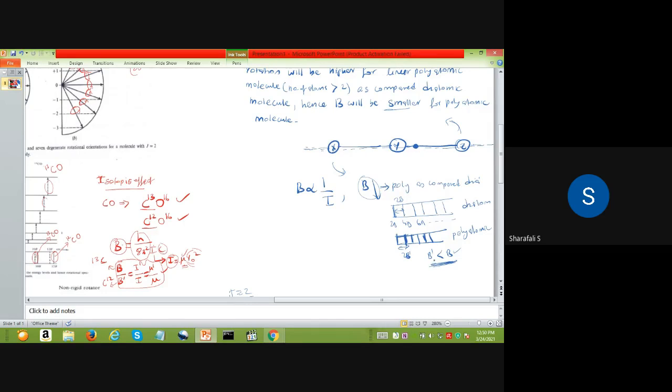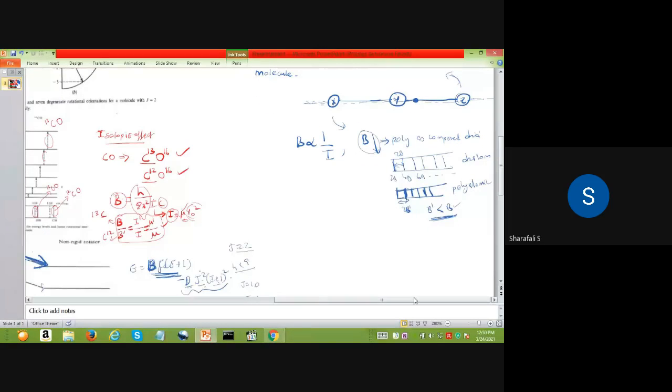Why is it coming? Because the moment of inertia in the polyatomic molecule case will be higher as compared to the diatomic molecule case.